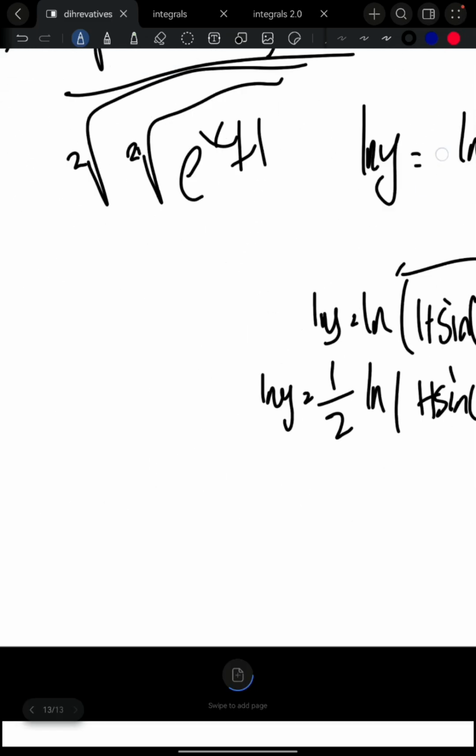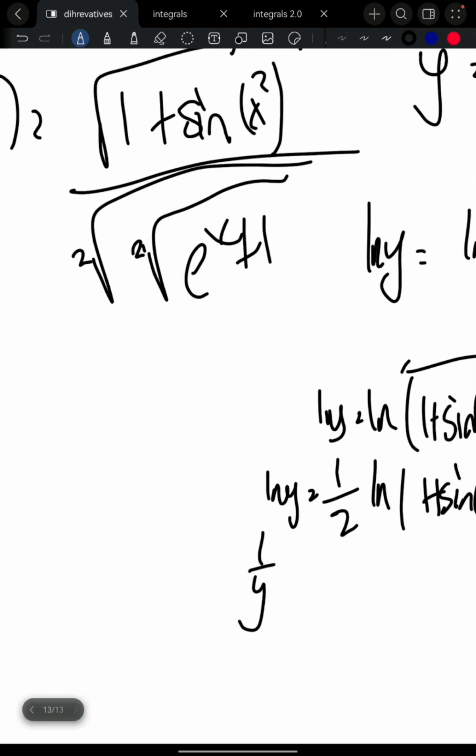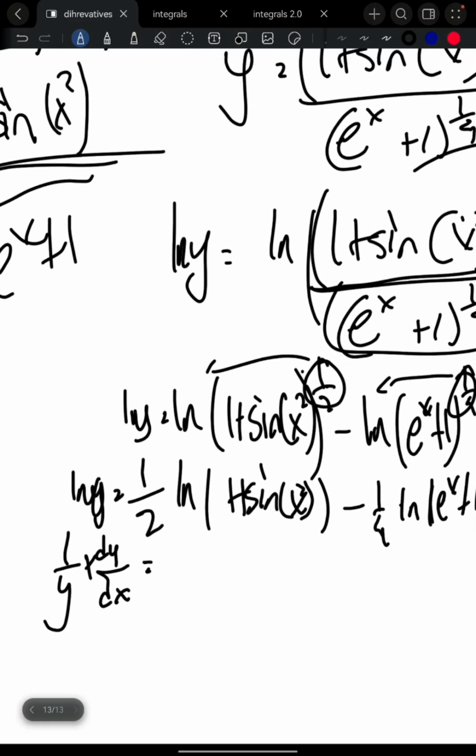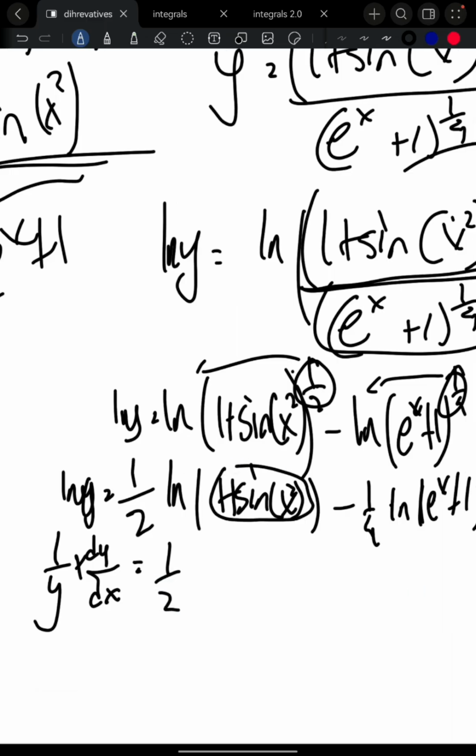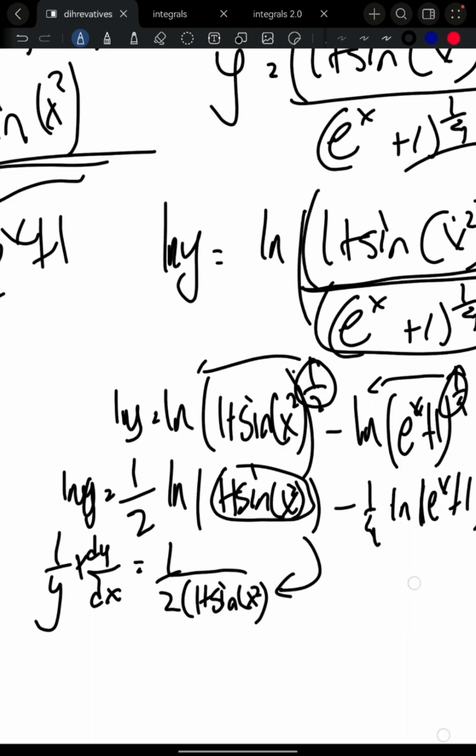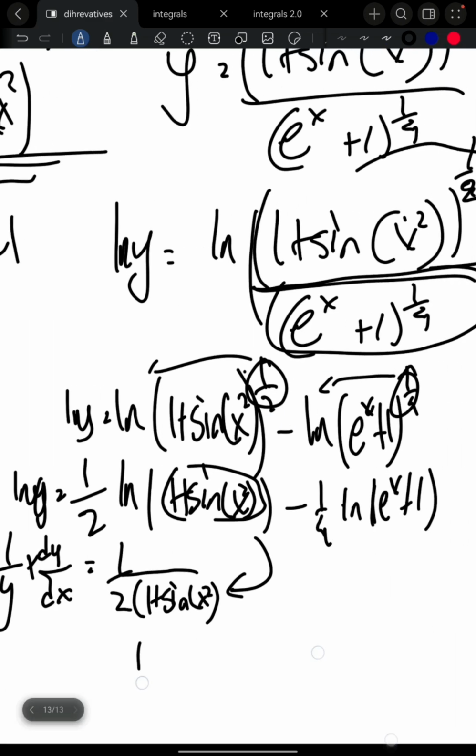And then you differentiate both sides, right? So you get 1 over y times dy by dx, by the chain rule, is equal to, and then you differentiate this side, so it's going to be half, and don't forget you write this in the bottom, and then the derivative of the inside. The derivative of 1 plus sine x squared, we're going to use the chain rule.